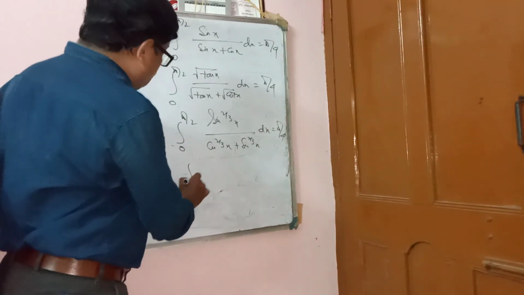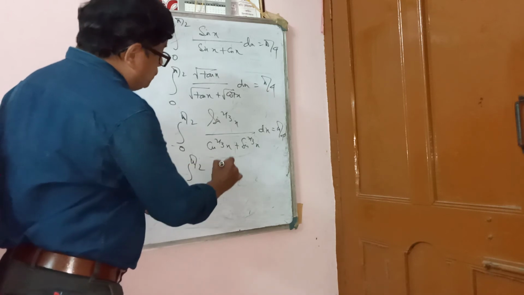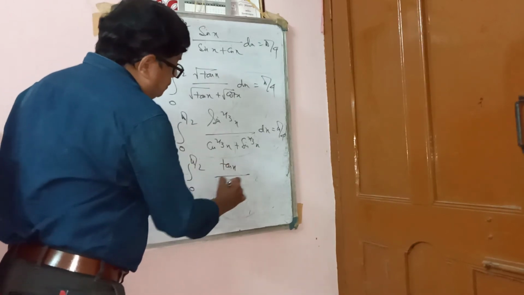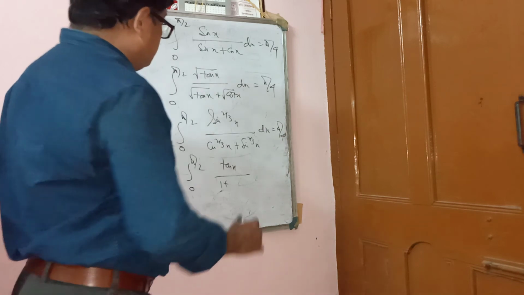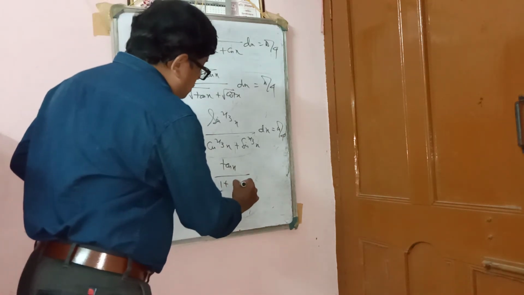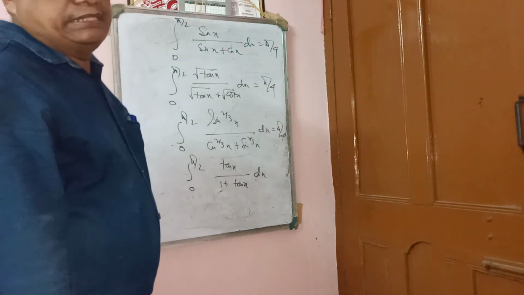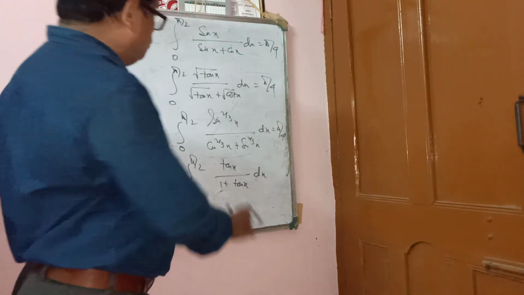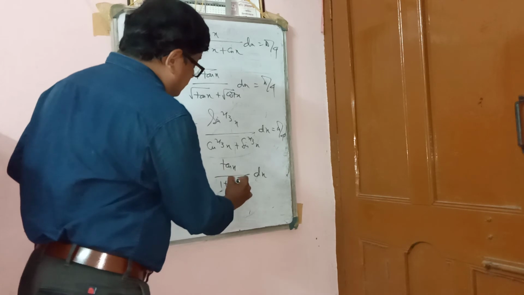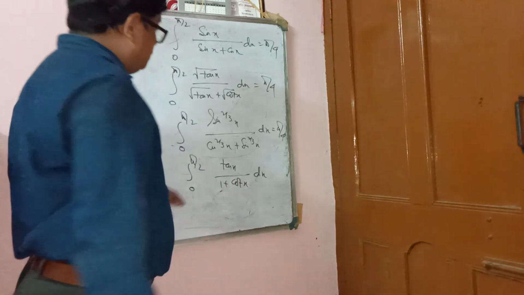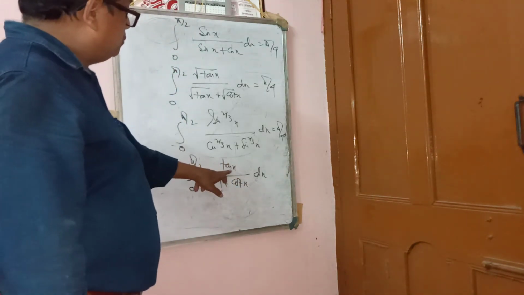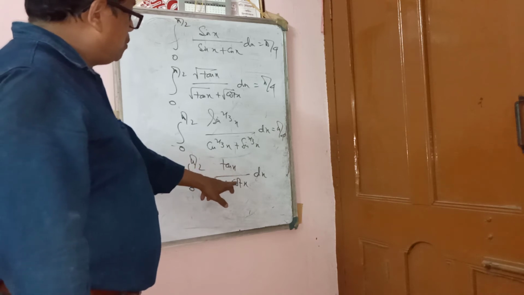Suppose the integral from 0 to pi by 2 of 1 by 1 plus tan x dx. Sorry, this will be cot x, sin by cos, cos by sin.